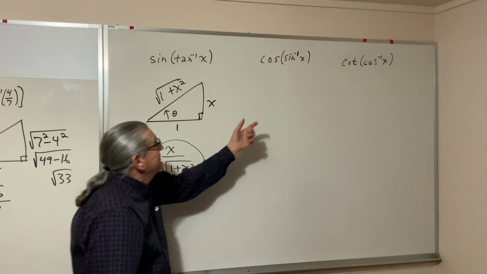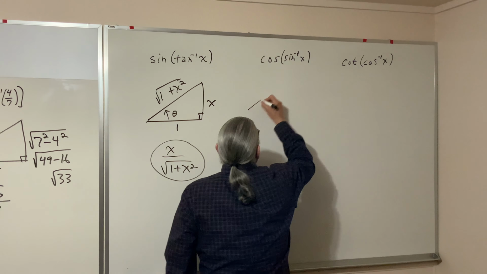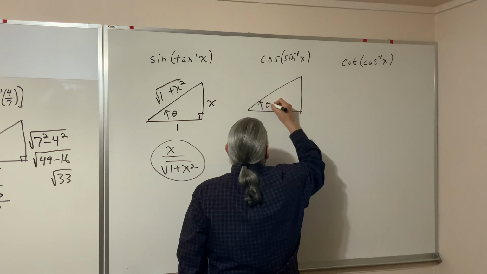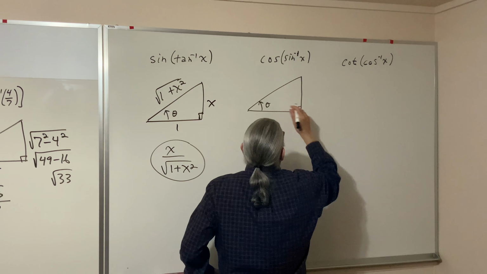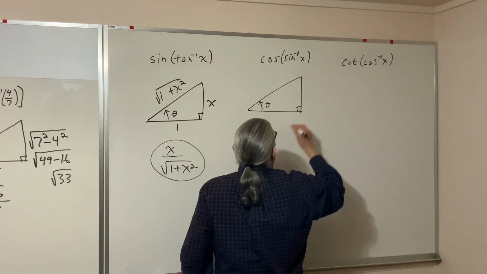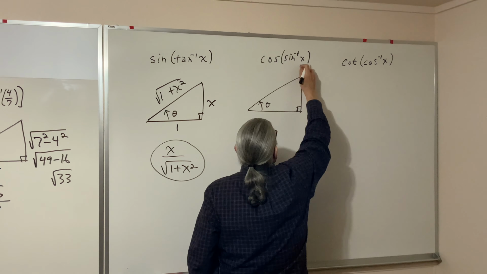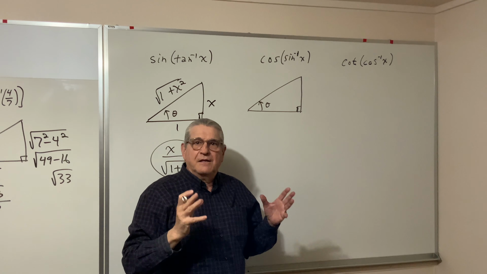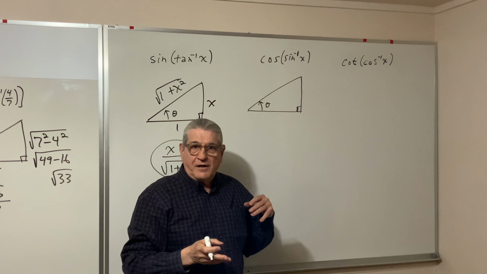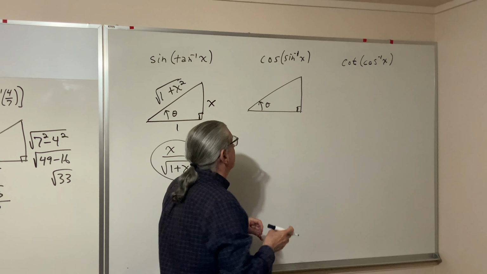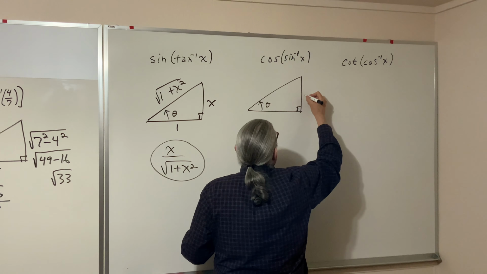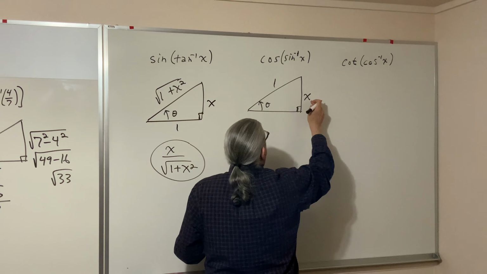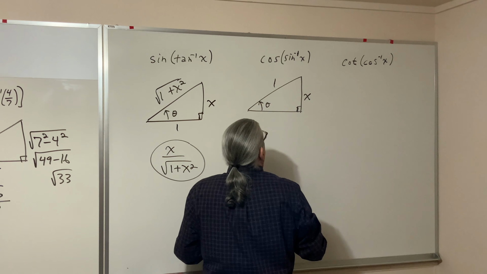Okay, let's try this one. I want to try a lot of these different ones so we can get an idea. Here, the inverse sine of x. So the sine is the opposite over the hypotenuse. So that means this must be x, and this must be 1, because this over this makes x.